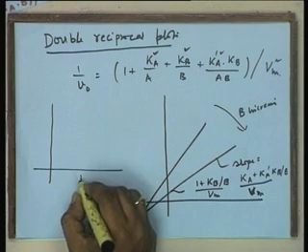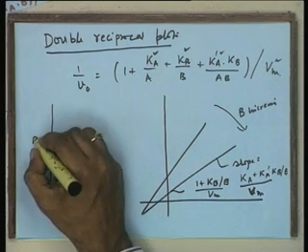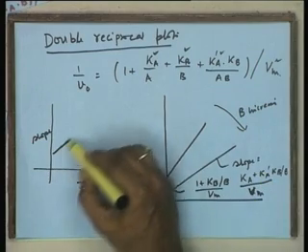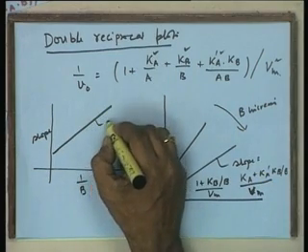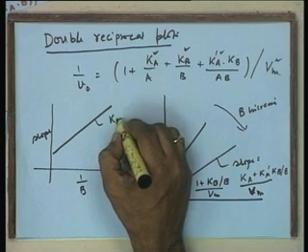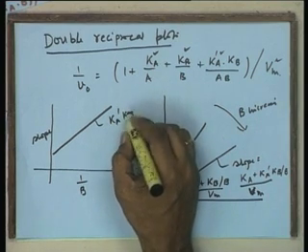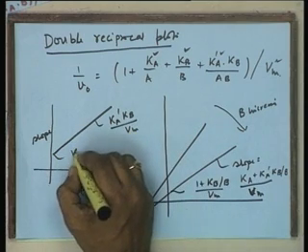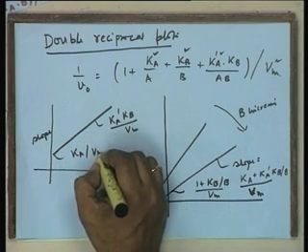If you plot 1 upon V versus the slope, you will get again a straight line with a slope equal to Ka dash Kb over Vm and an intercept of Ka upon Vm.